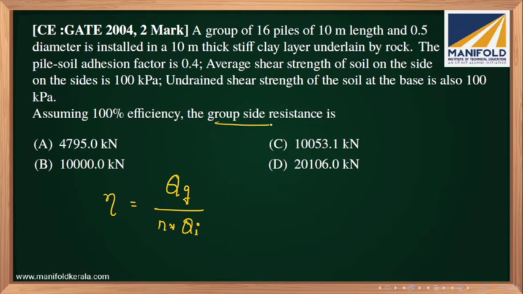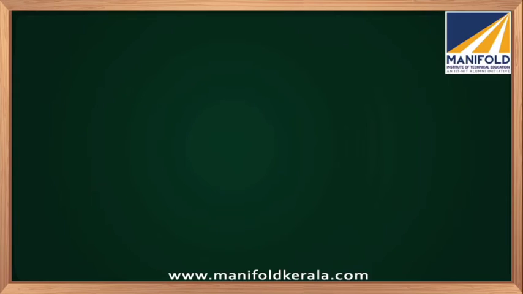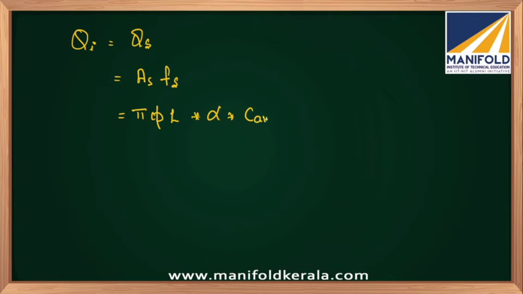So the group side resistance, they are just asking the side resistance. So here Q is equal to QS alone. So from here it is AS into FS, is pi dia surface area into length into alpha into C average.